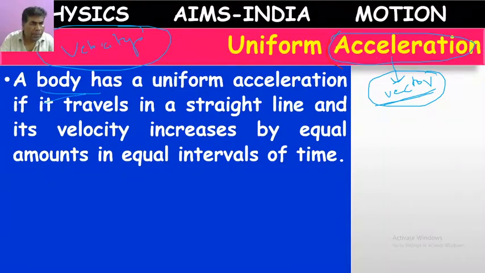If a body travels in a straight line, because acceleration is a vector, so we have to think that the body is moving in a straight line and its velocity increases, because acceleration means velocity should change. Here velocity increases, but how?